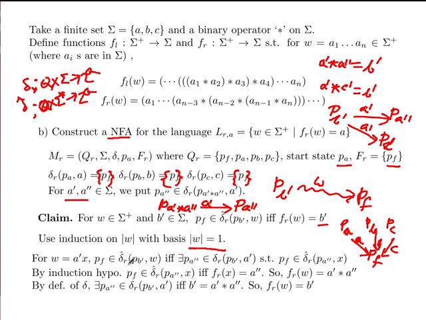So this is what this means. This means that starting from PB prime, processing this W, you can reach this PF. So this statement can be broken down according to this breakup, that you first process this A prime, then you reach some state, and from that state you can process this X, and then you can reach this PF, right?